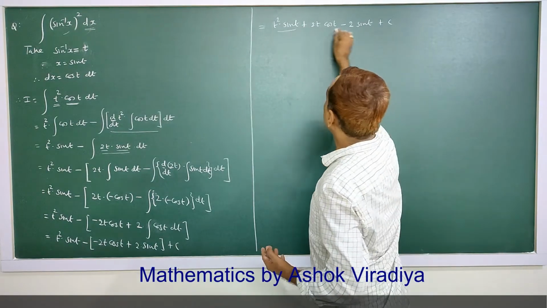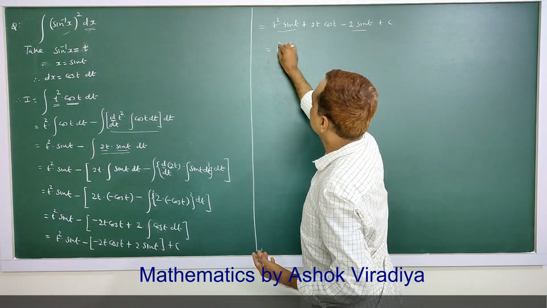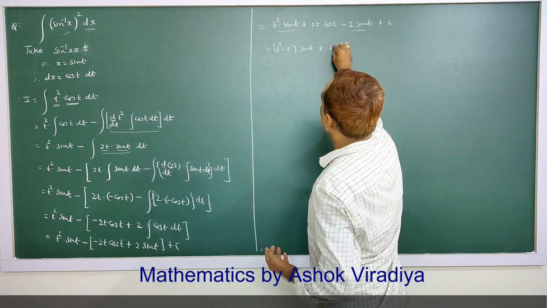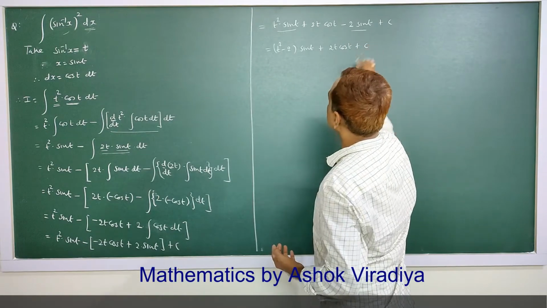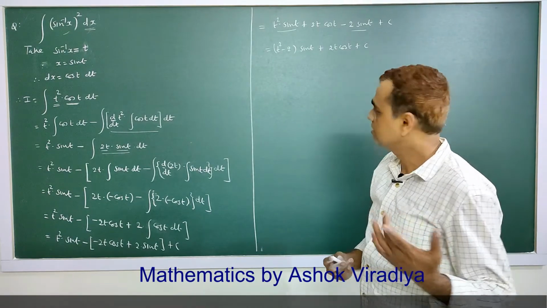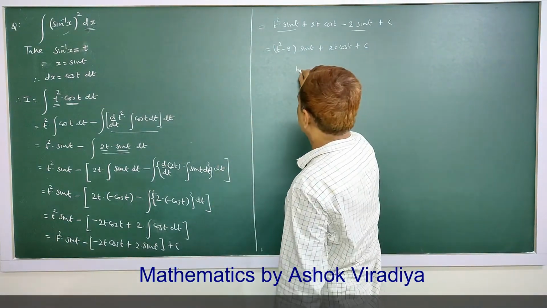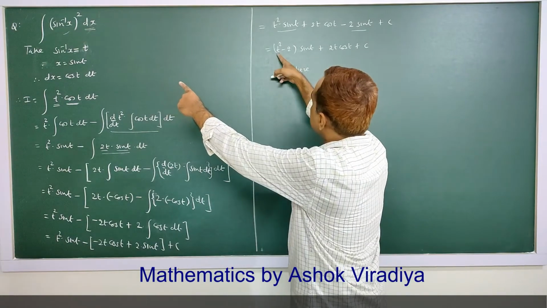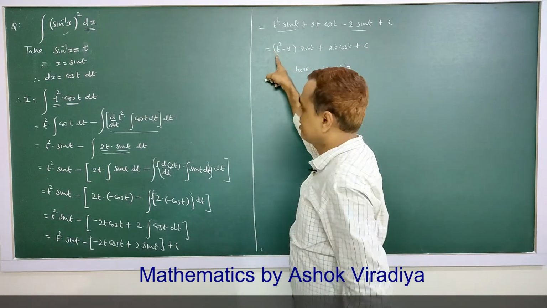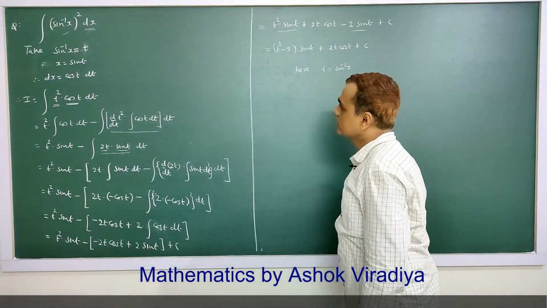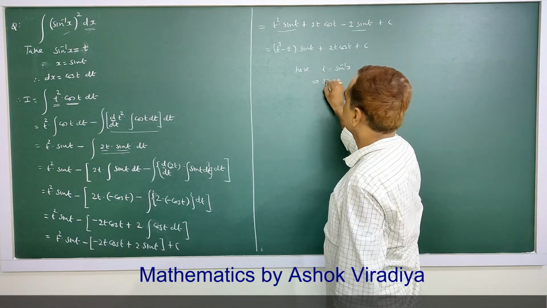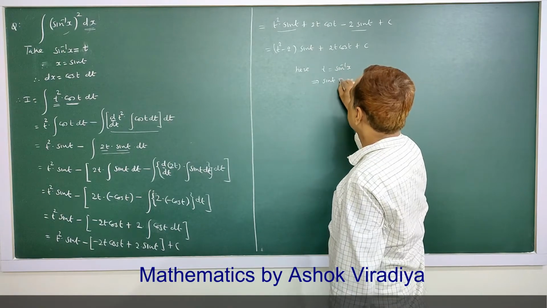Now from these two terms, sin t is common. So (t square minus 2) sin t plus 2t cos t plus c. Now we have to come back to x. So see, what is t? t is sine inverse x, that we will put here. Sin t is x, so sin t will be replaced by x.